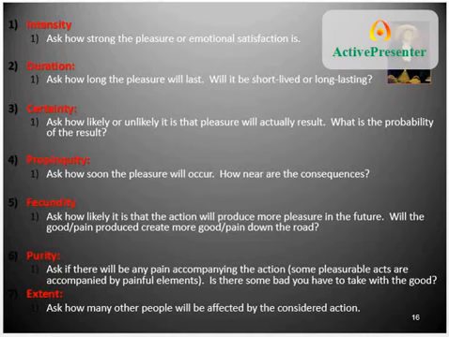I want to do this for both decision A and decision B. First off, I want to start with the bottom question, the extent. How many other people will be affected by my considered action at hand? So you want to, on your piece of paper in your calculus, write down all the people who could possibly be affected by this decision. With this eating of a Kit Kat, it's just going to be me and my niece. Let's say we're on a deserted island.